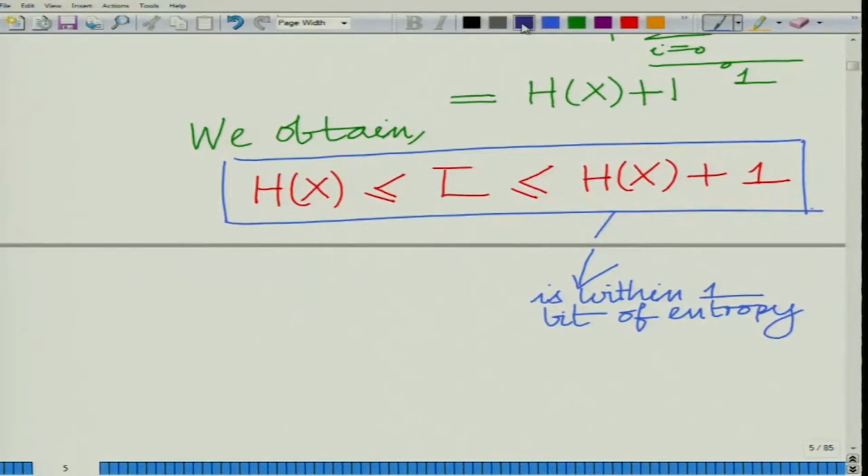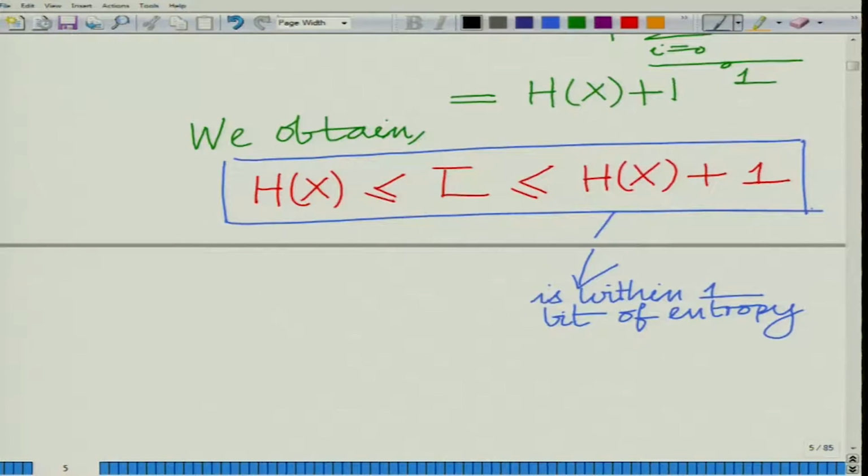What we mean by that is that the lowest is H(X), so at most it lies at H(X) plus 1, which is within 1 bit of the lowest possible, that is, 1 bit of the entropy. Okay, so thus there exists a code whose average code length is within 1 bit of the source entropy.